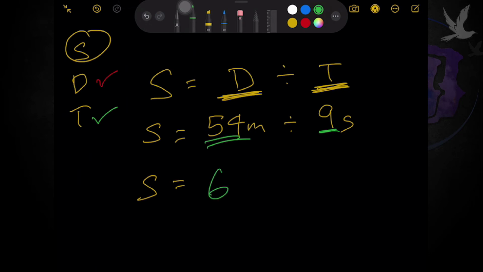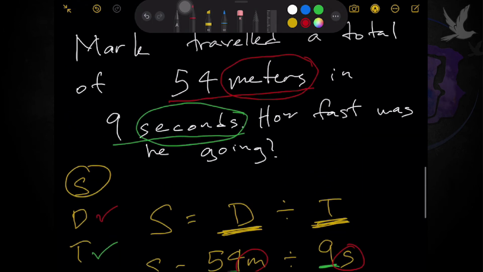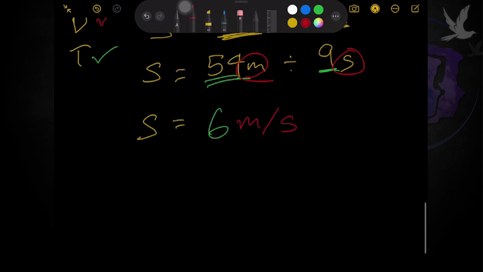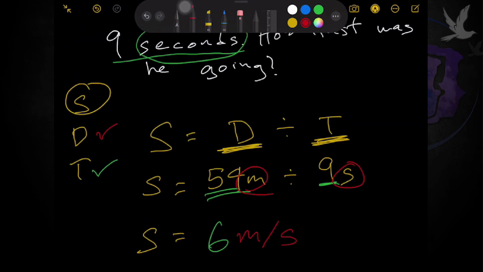But, of course, you need the units, no? Since we made use of the units meters at saka seconds, which means our unit here is meters per second. Which means Mark was traveling 6 meters per second. Okay? So, ganun lang when we are solving for speed.